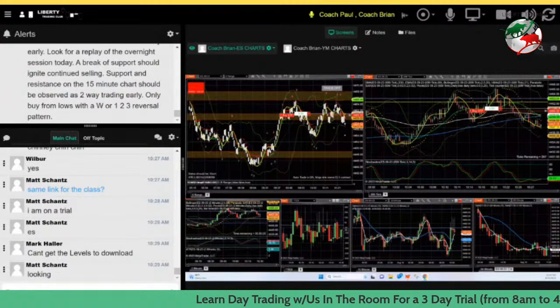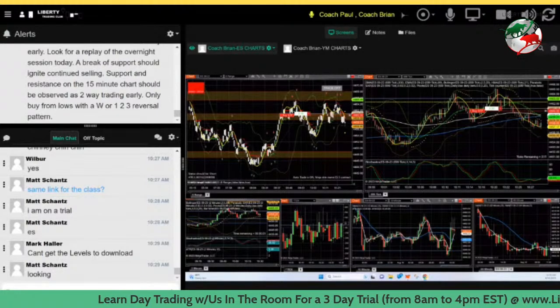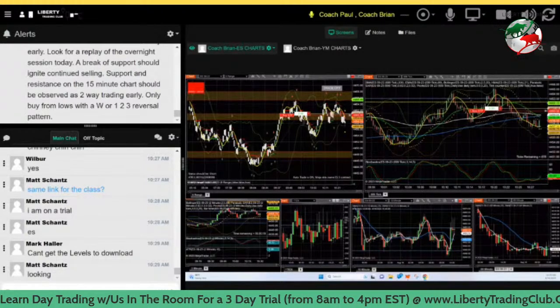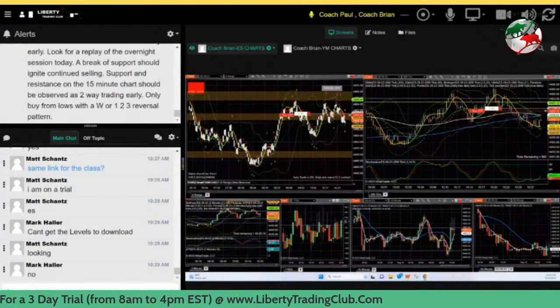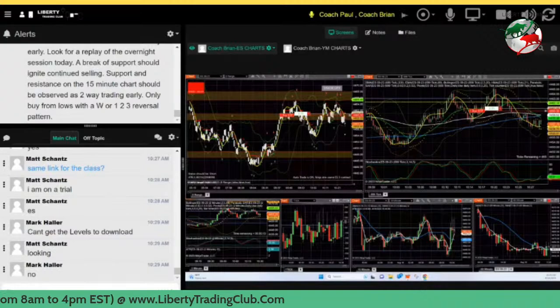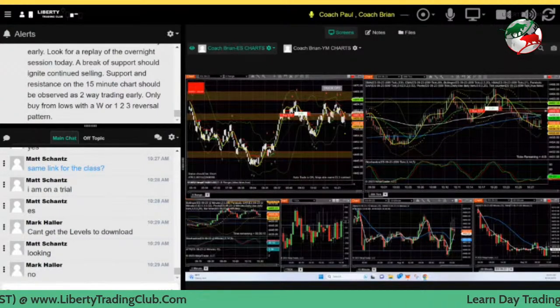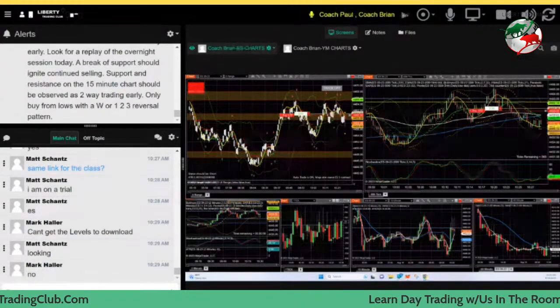I can't get the levels to download. Mark, are you on NinjaTrader? Yeah, that's why. You need to download the free version of NinjaTrader. Well, you should be able to download them to your computer no matter what.